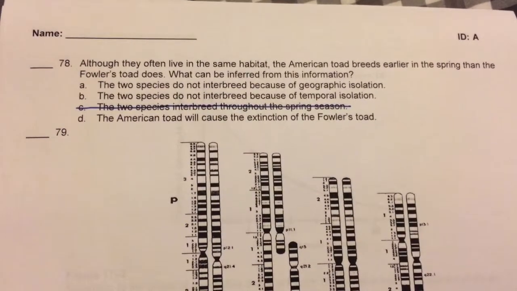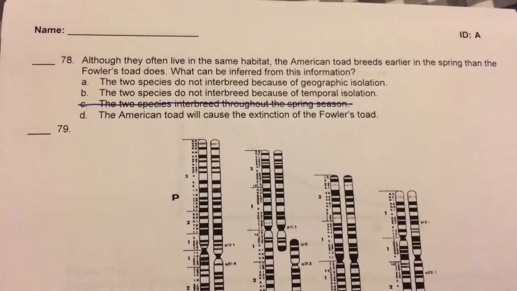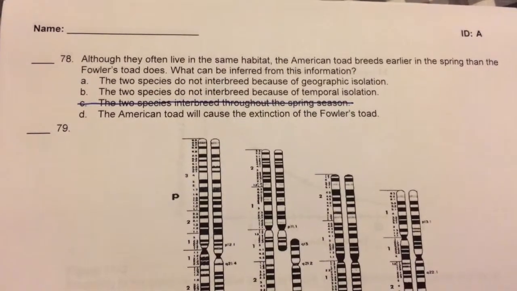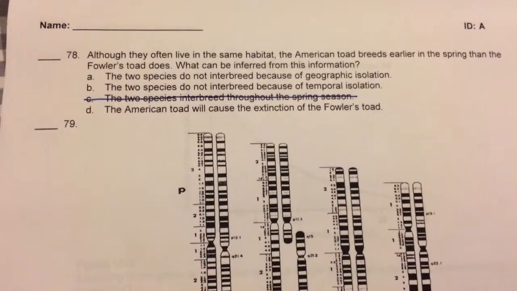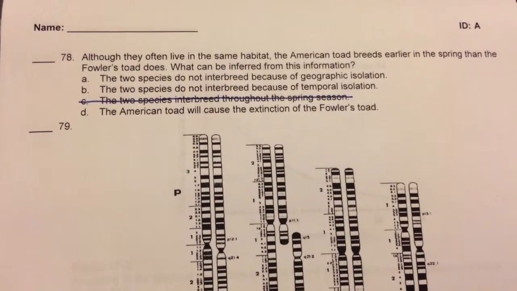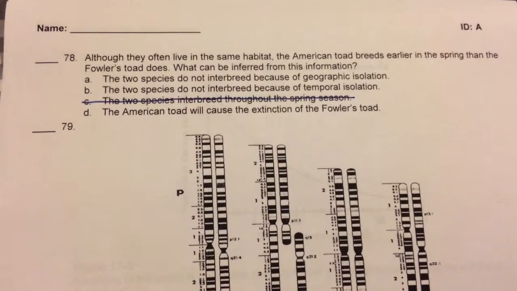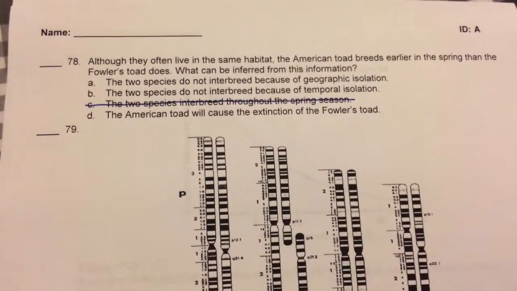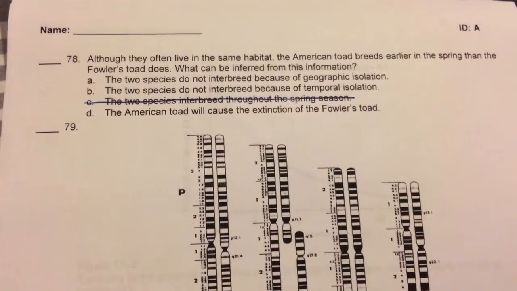What can be inferred from this information? A. The two species do not interbreed because of geographic isolation. B. The two species do not interbreed because of temporal isolation. Or D. The American toad will cause the extinction of the Fowler's toad.